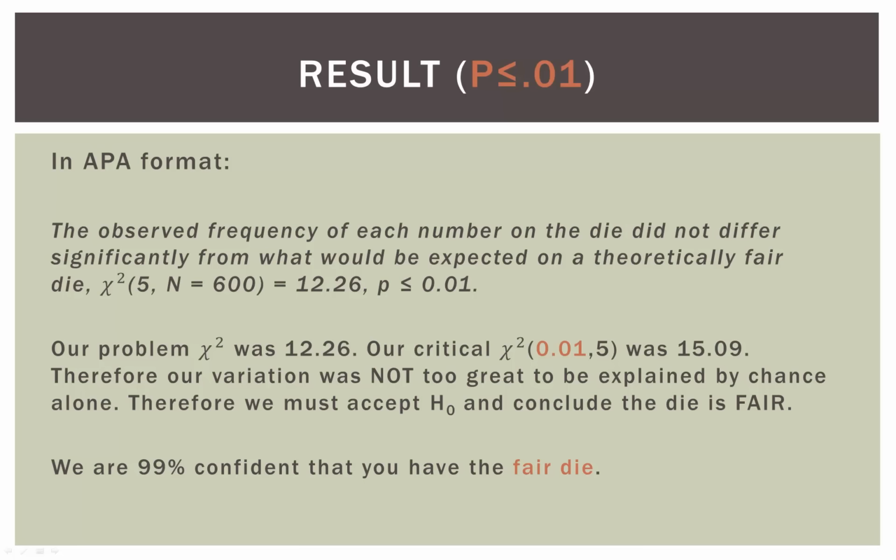With a p of 0.05, we did not need as much variation to overcome the critical value. As you notice, the critical value went up significantly when we changed the p to 0.01. So it's just much more strict. We have to have more variation to cross that 99% confidence because we selected such a low p-value.